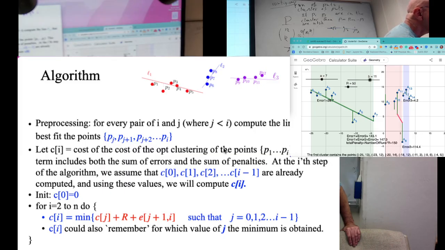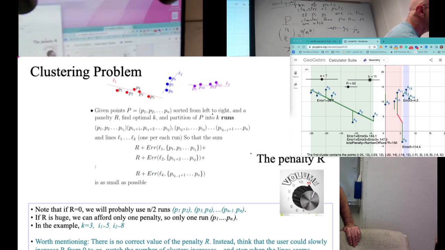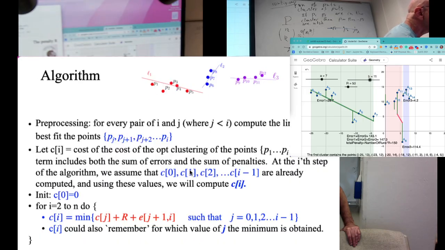Ci assumes that the last point that I know about is Pi. And we'll find the best clustering, the best partition into runs of all these points. It doesn't mean that there is necessarily only one cluster. Going back one slide, maybe there is one cluster, maybe two clusters, maybe three clusters, whatever. But in any case, Pi is the last point that I'm going to care about when I define Ci. No more points after Pi.